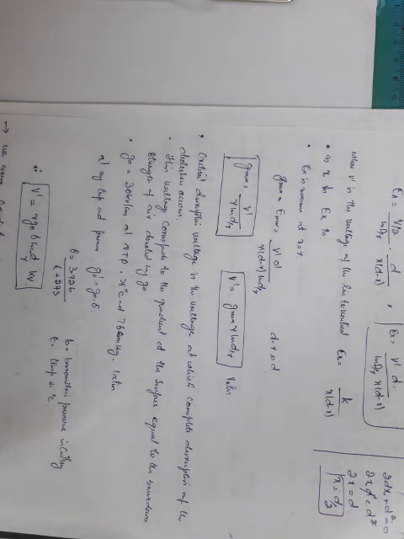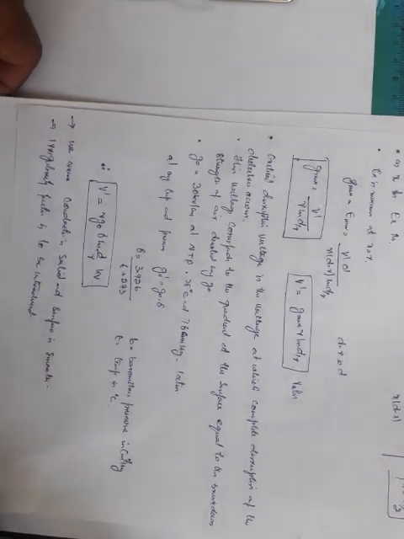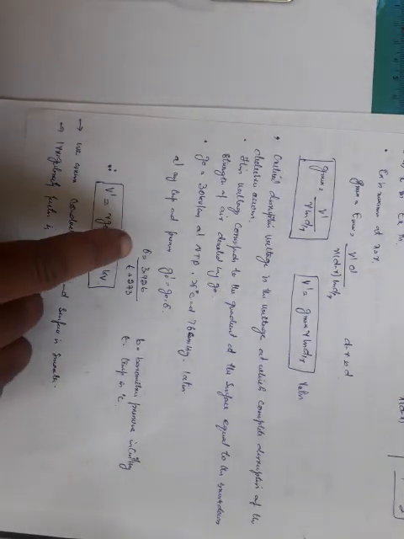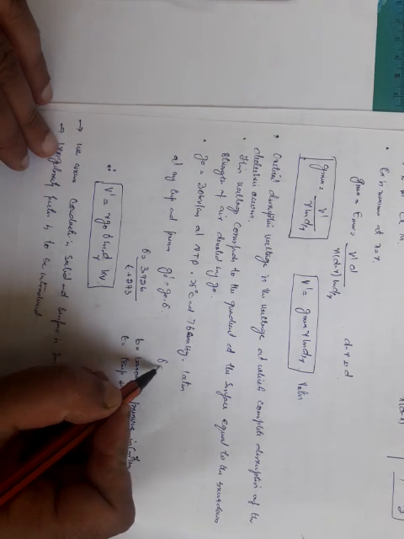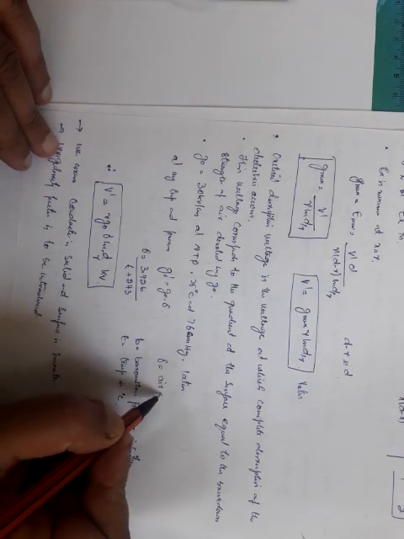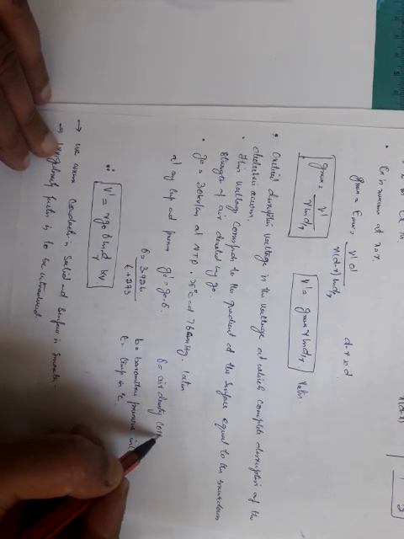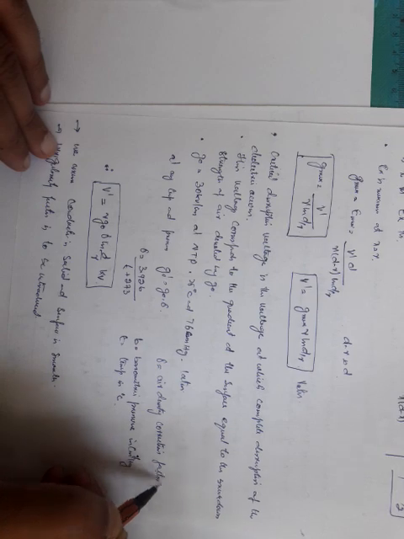This G naught is actually dependent upon the atmospheric condition, that is on temperature and pressure, and that is taken care of by this delta. It is known as air density correction factor. It's quite simple.